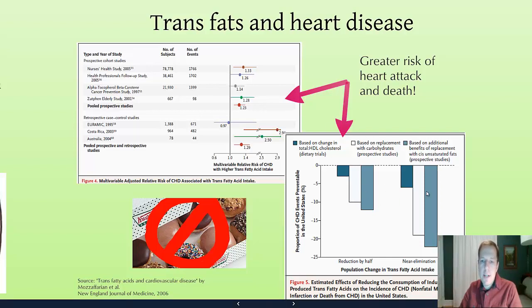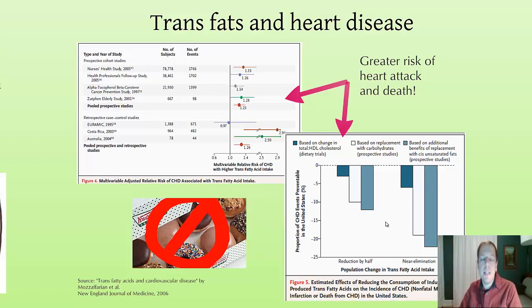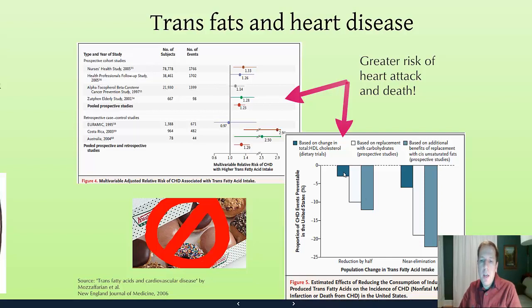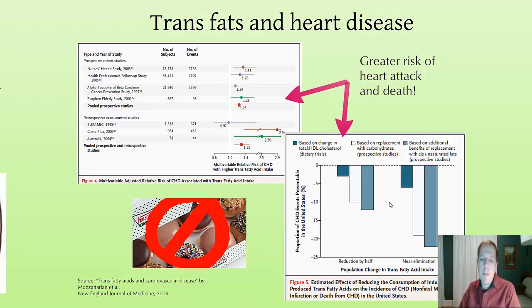And then when they looked at studies of the potential benefit to people actually reducing or pulling trans fats out of their diet, no matter what they replaced those trans fats with, whether saturated fats, carbohydrates, or unsaturated fats, there was always a potential benefit to the likelihood of preventing the development of cardiovascular disease.